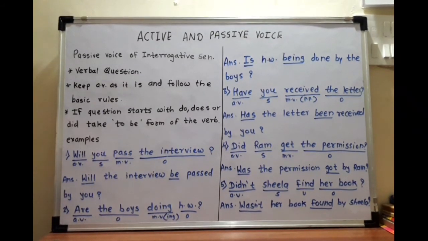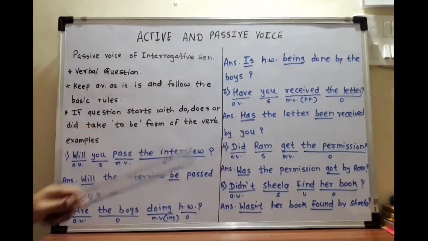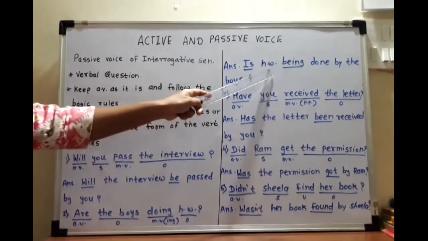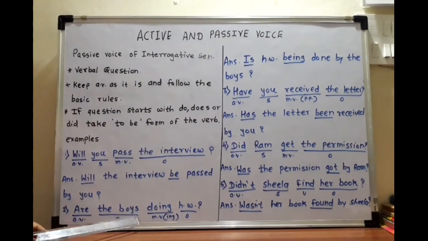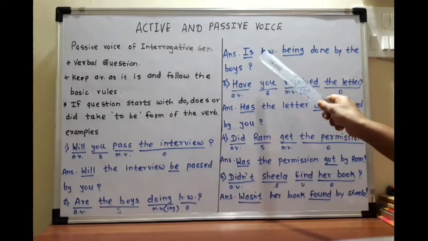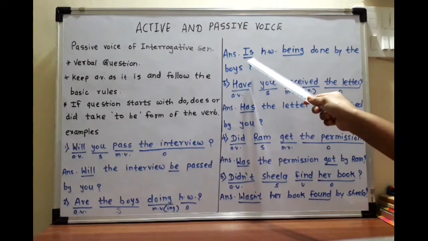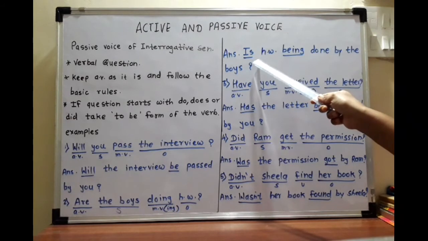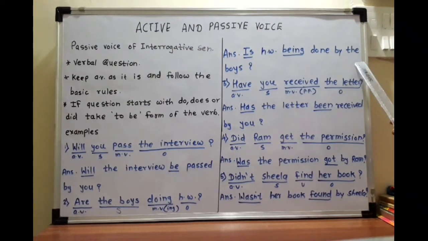So how will the answer be? Is homework... Now why have I taken is here? Because the object is singular and your subject is plural, so is is used here. While writing the object first, the object is singular, so we have to make a minor change, that we have to take is here. For homework: is homework being done by the boys?